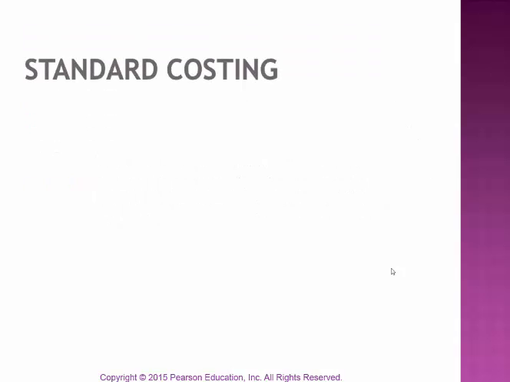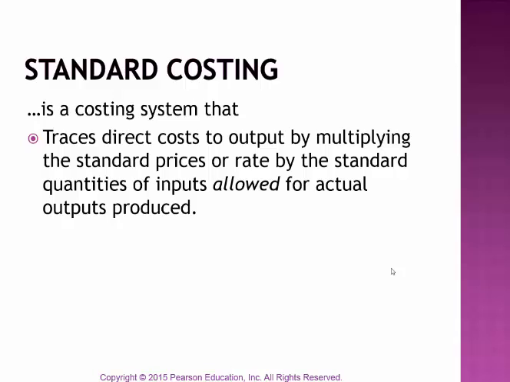We've already talked quite a bit about standard costing in our Chapter 6 and Chapter 7 material. It is a costing system where we can trace direct costs to our output units by multiplying the standard budgeted prices or rates by the standard quantities of inputs allowed per unit for the actual units produced, or the actual outputs produced.